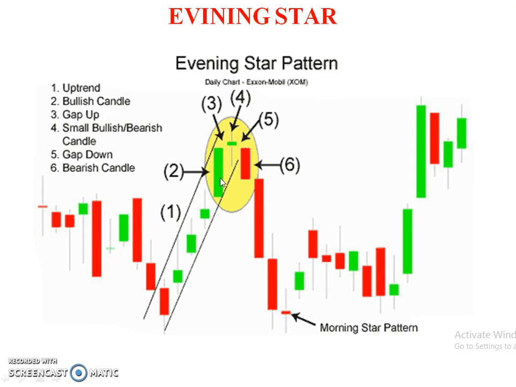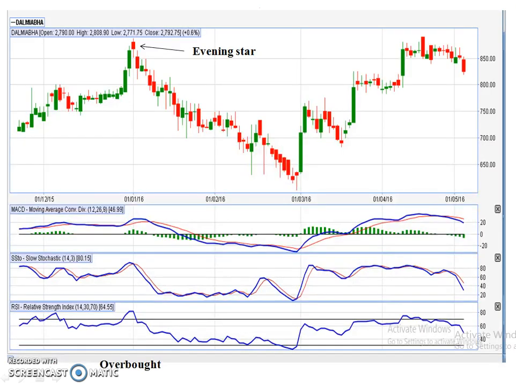After gap down candle, if the stock price closes below the low of gap down candle, then it generates sell signal. The central candle of the pattern shown with number 4 can be doji also. Other indicators should be checked for stronger signal and appropriate entry. In this slide you can see the chart with the evening star formation at this place.